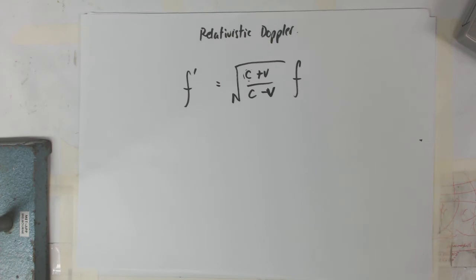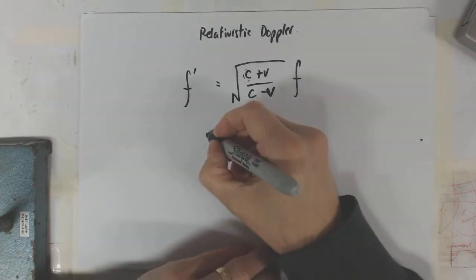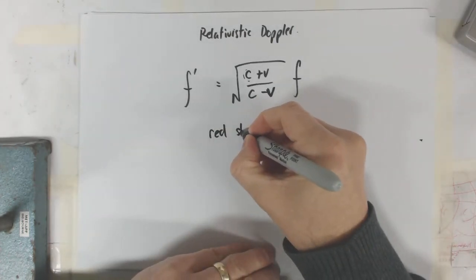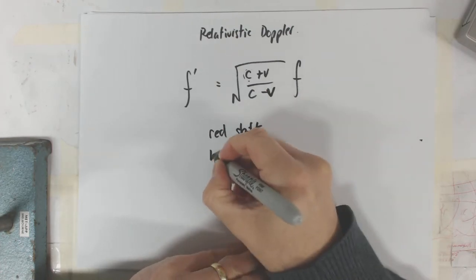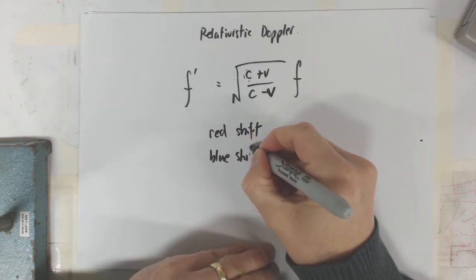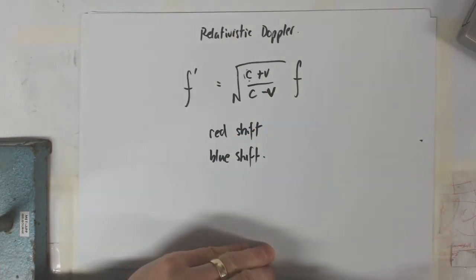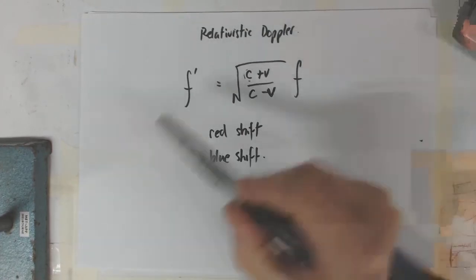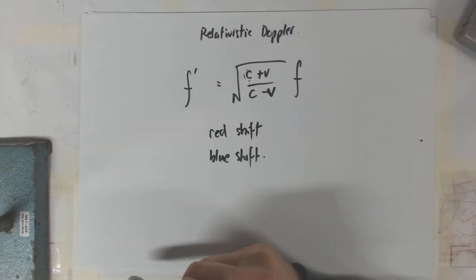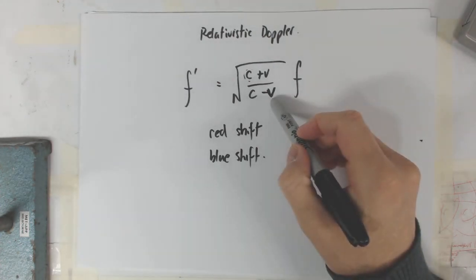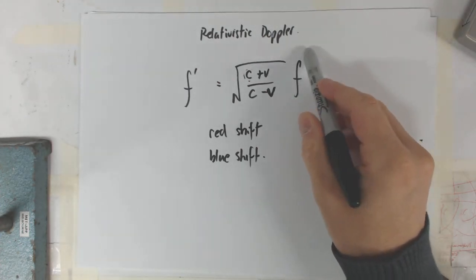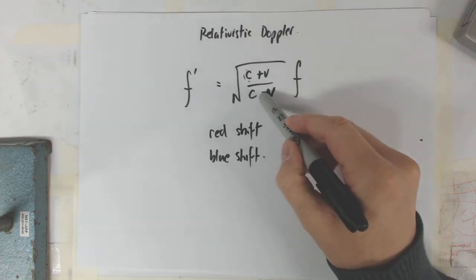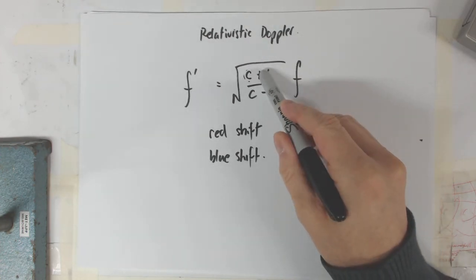Now, the point is, you may see here these terms red shift and blue shift. They are related to the point that if we get a moving source that's coming towards us, the frequency is going to go up because of this one being subtracted, that one being added.